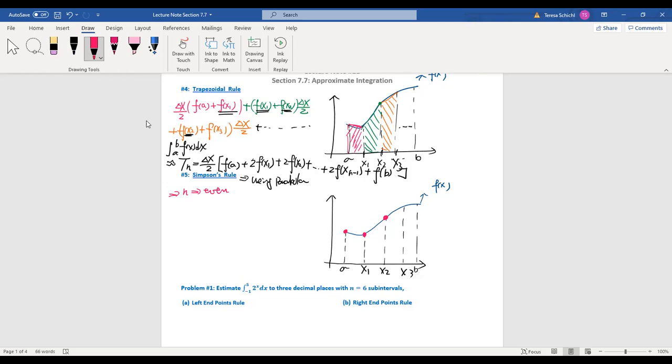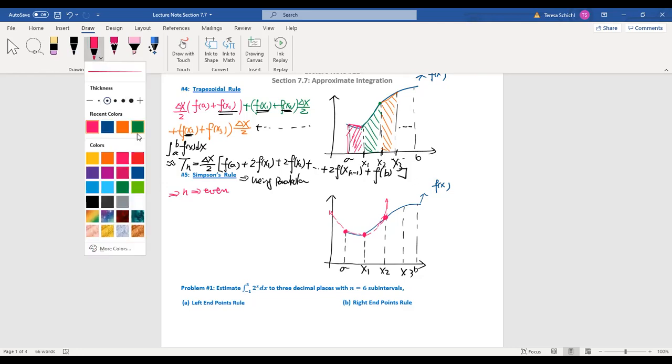So that means I can approximate here by using this quadratic, right? I'm going to use this quadratic for here, and then for the next one, let's take a look.